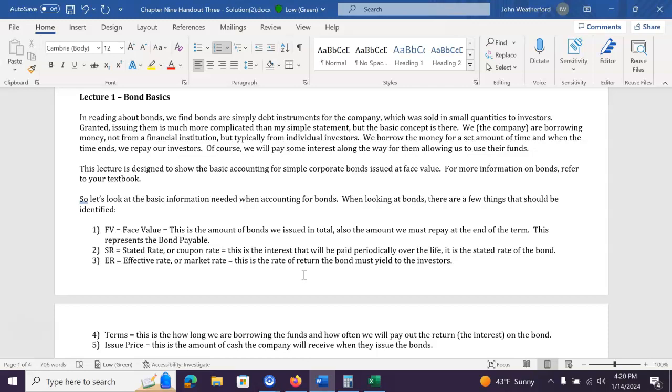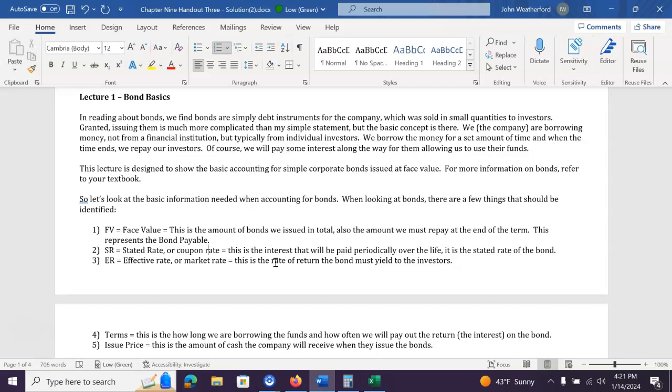Now, hopefully those two rates are the same on the day the bonds are issued. That's the goal, right? But a lot of times that market rate will move between when the bonds are drawn up and when they're actually issued. We'll get into that in the next lecture, but the bonds will be structured to yield that market rate even if it's not equal to the stated rate. And again, we'll get more into that later.